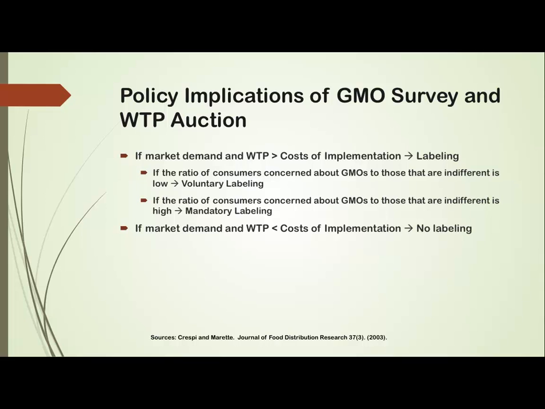Policy implications of the GMO survey and willingness to pay auction. So once we get all this information of the market demand and the willingness to pay, if those two things are greater than the cost of implementation, then labeling should occur. If the ratio of consumers concerned about GMOs to those that are indifferent is low, then voluntary labeling will happen.